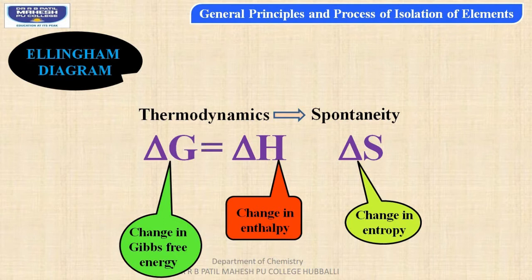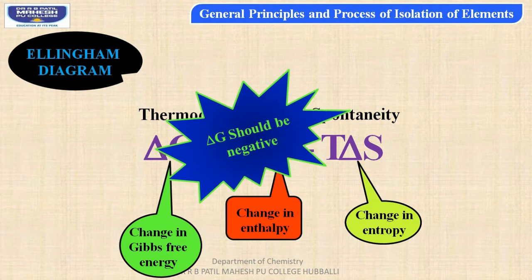Thus students, we can have an equation, that is delta G is equal to delta H minus T into delta S, wherein T stands for absolute temperature. Always the delta G value should be negative for the spontaneity of the reaction.